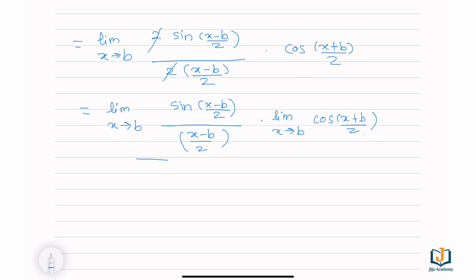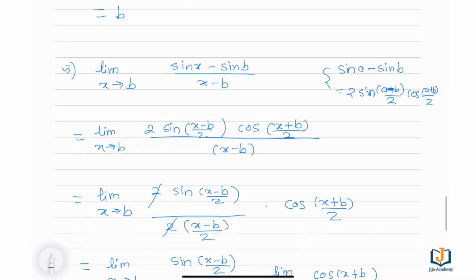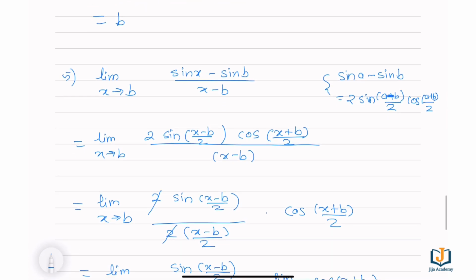So this term is 1 into cos of b plus b divided by 2, so cos 2b upon 2. So the answer is cos b.